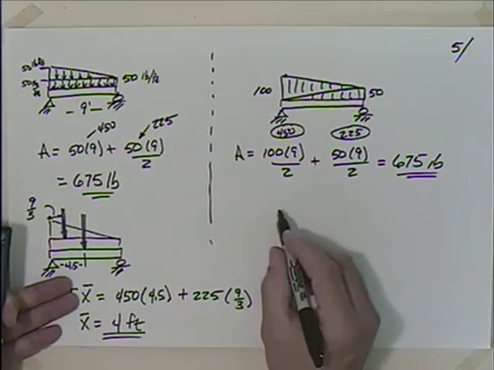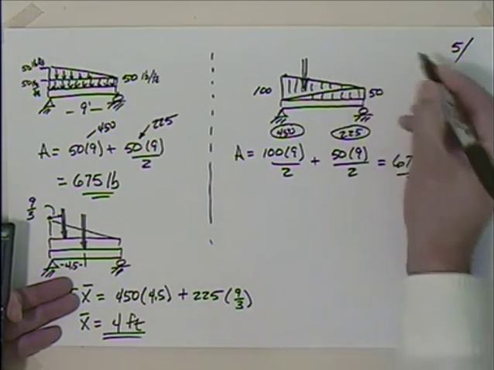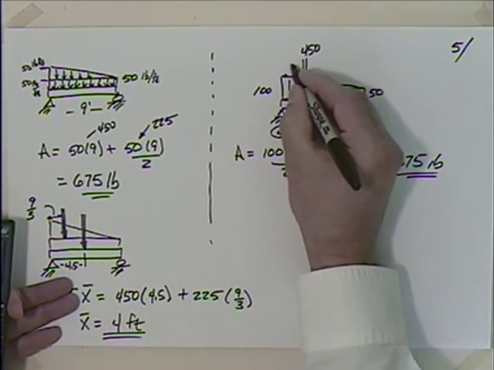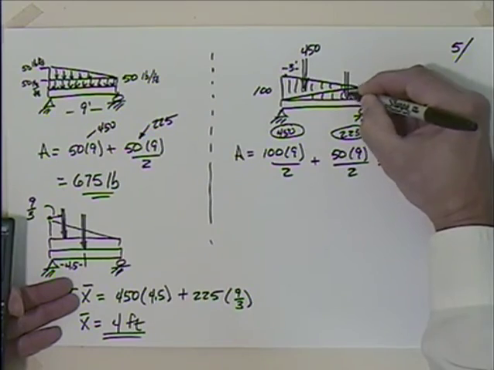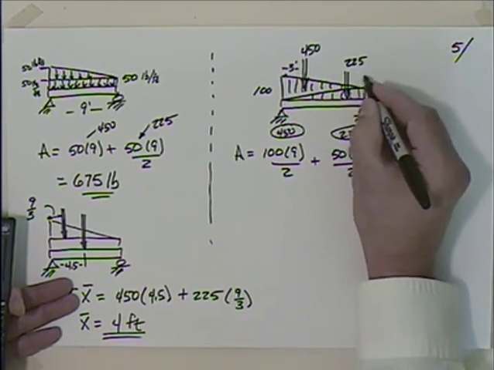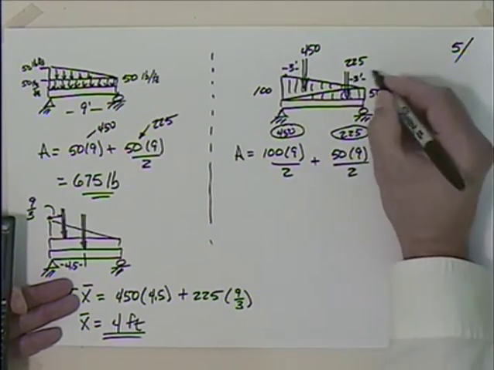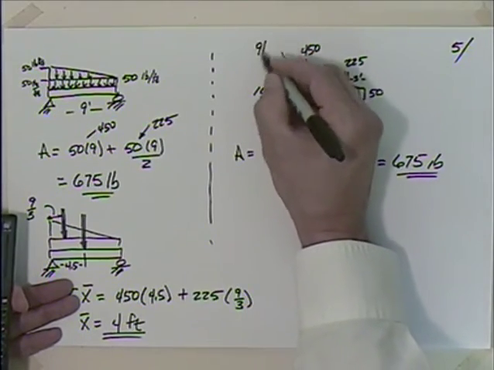And then, where are these forces acting? Well, I've got this one here. This is going to be that 450, and that's going to be at a third from this distance, so you've got 3 feet there. And then I have this, which is that 225, which is at a third of this distance, 3 feet. Of course, that 3 feet comes from 9 divided by 3. 9 over 3.